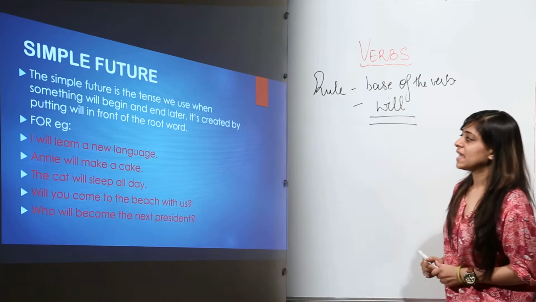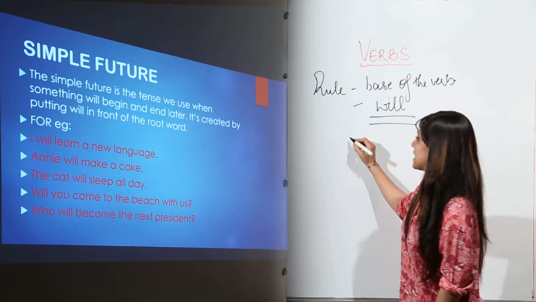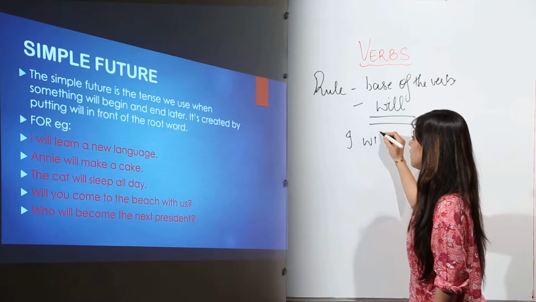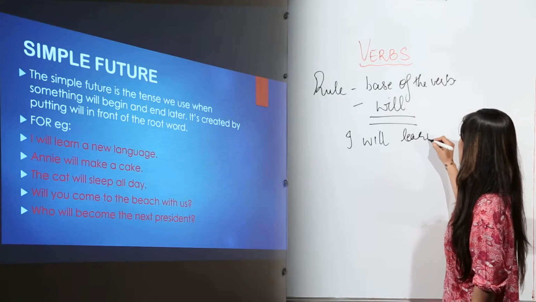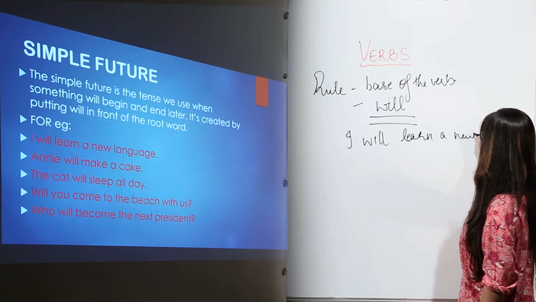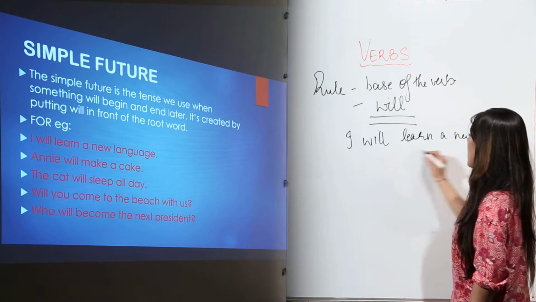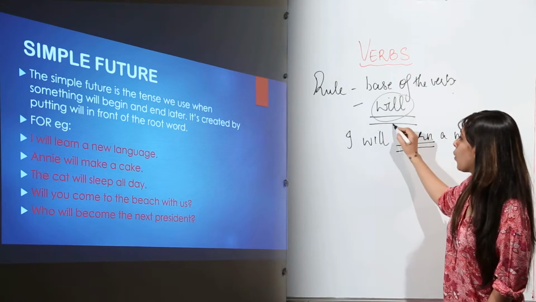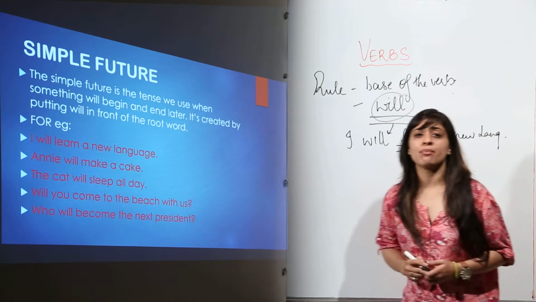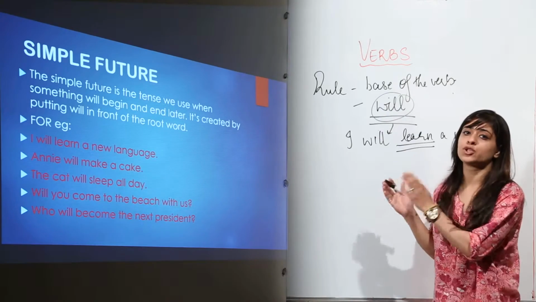So we'll take up an example from the board itself that says, I will learn a new language. Now learn is the base form of the verb and we've just added will before it. So this implies it to be a simple future tense.